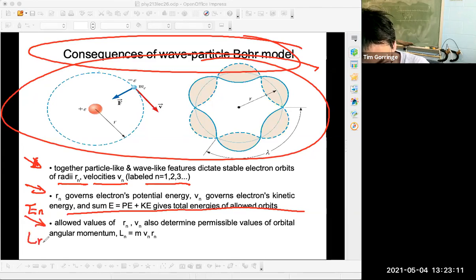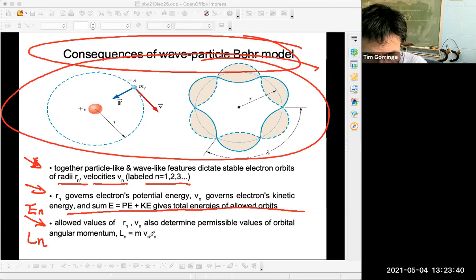Then finally, let me make this comment, that also, if you can only have certain radii and certain speeds, Rn's and Vn's, then that means that you can also only have certain angular momenta. If you remember from 211, the equation for angular momentum in terms of the speed and the radius of the rotating object is the mass of the object times the speed times the radius of the orbit.